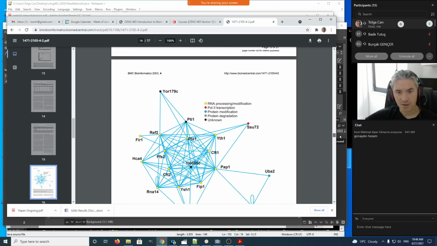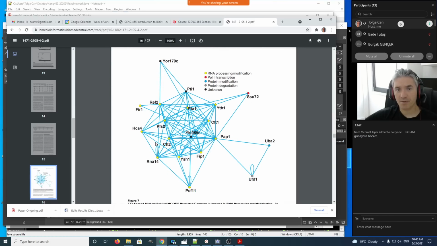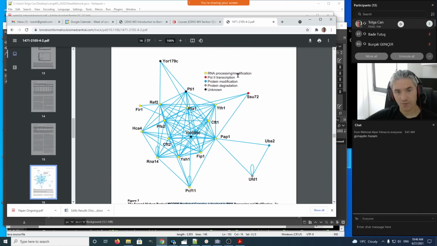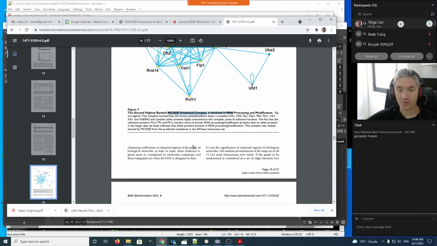This is another example. The second highest ranked MCODE predicted complex is involved in RNA processing and modification. So this is a large community of nodes. As you can see, it's really dense compared to the sparse rest. There are many edges between only about 15 nodes. So our goal will be to find these dense clusters within the network.